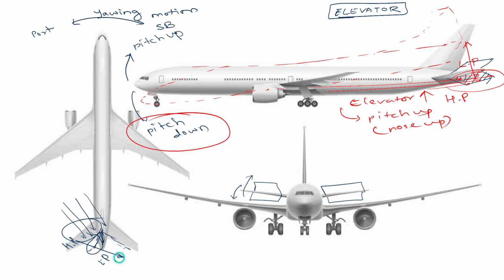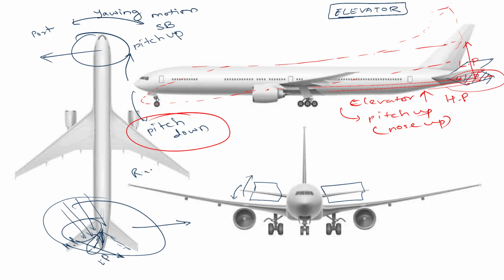So the force is going to generate in this way. The tail section will be pushed to one side and the nose section will move to the other side. As a result, if the rudder is deflected towards the port side, then the nose will also move towards the port.